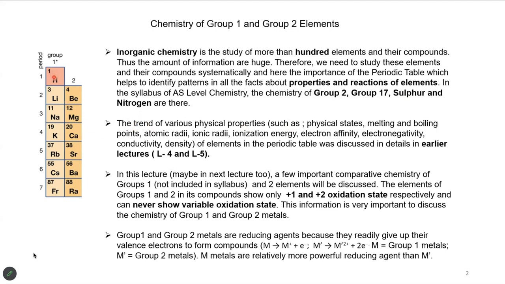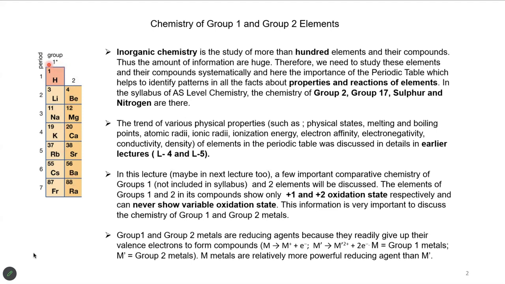Here on the left, you see I have taken only group 1 and 2. So this is period 1, 2, 3, 4, 5, 6, 7, and going across, these are the groups. We include group 1 and this is group 2.